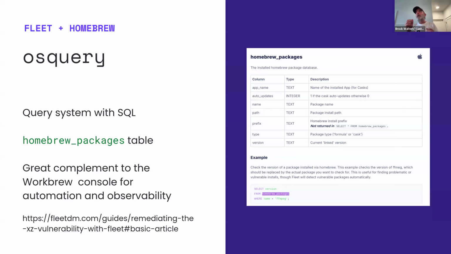And the other thing I guess I'll say about that is that one nice thing, one advantage of Fleet having this capability across all the platforms is that it means you really only need to learn one method to collect information from all of your devices, regardless of the platform. Now, you still need to understand the basics of Windows versus Mac. There are Windows specific tables and Mac specific tables, for example.